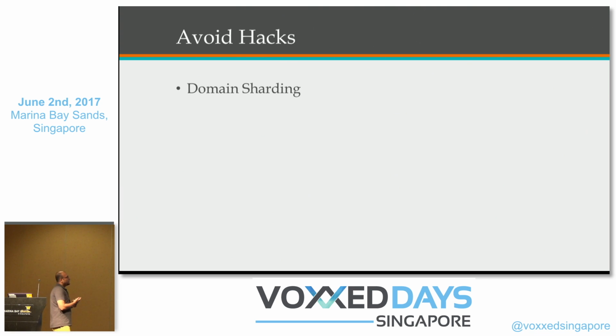Domain sharding. Domain sharding is mainly done to allow an application to have more connections than the designated limit. In a normal browser, let's say Chrome, you can have a maximum of 6 connections.